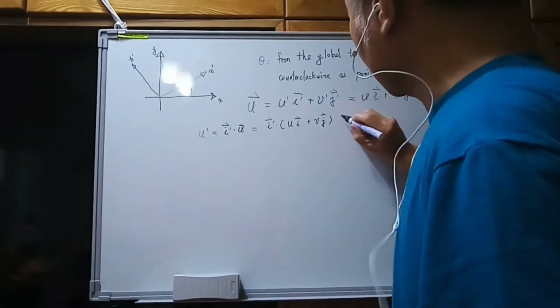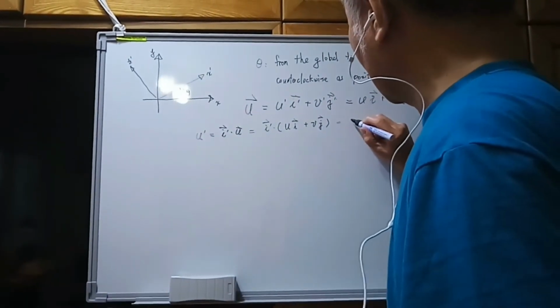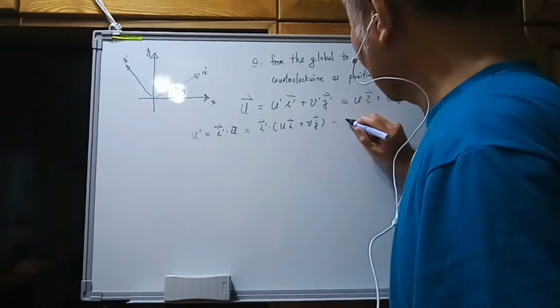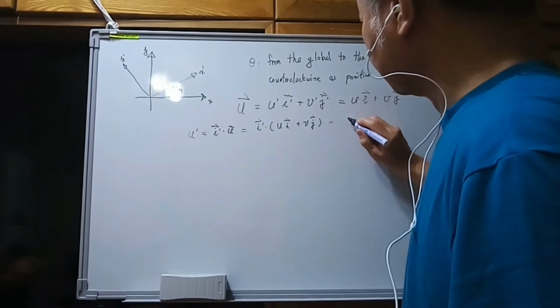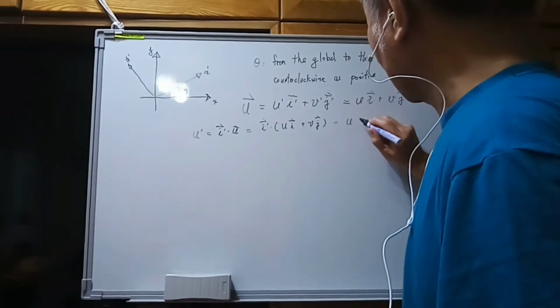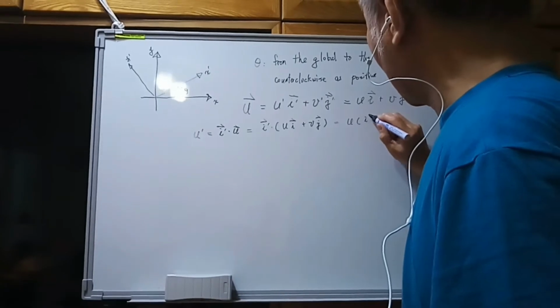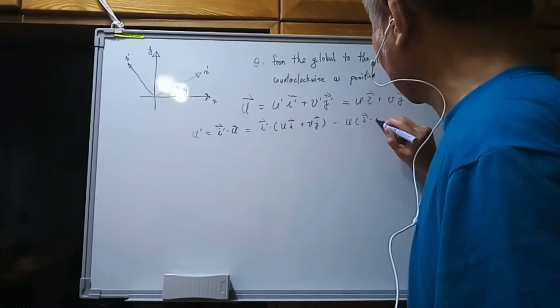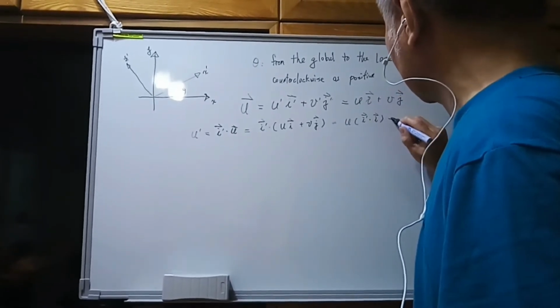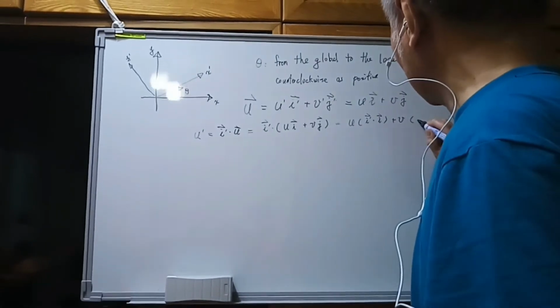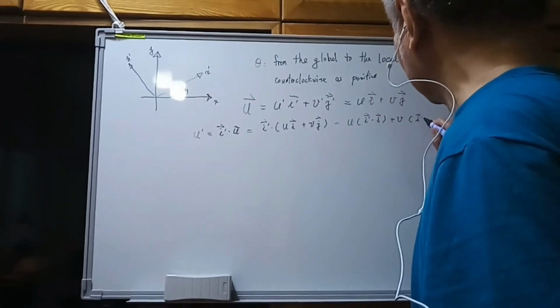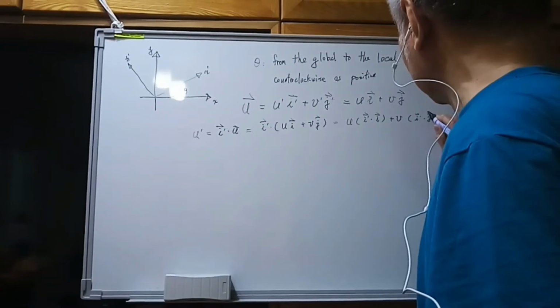Okay, so the u prime will be u times i prime dot i plus v times i prime dot j.